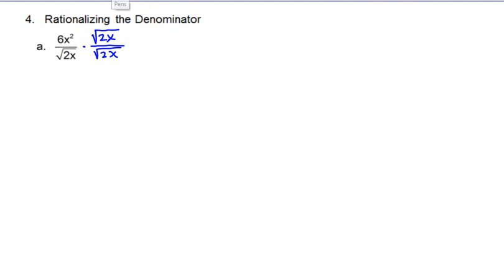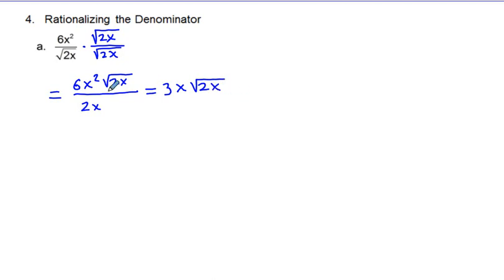We're going to look at the excluded value later. Just working below here, what we have in the numerator is 6x squared times square root of 2x, and in the denominator we have 2x. Well, 6 divided by 2 is equal to 3, and x squared divided by x is equal to x, and times square root of 2x.